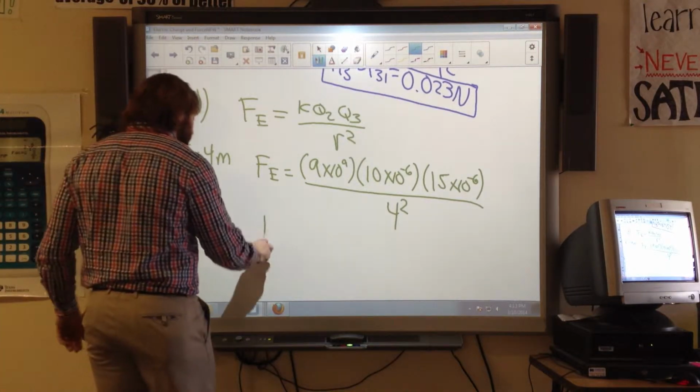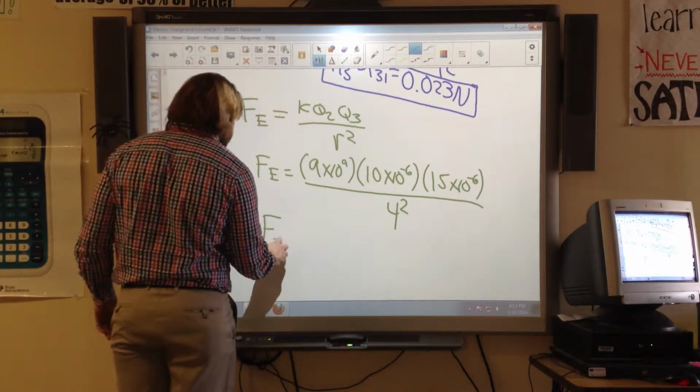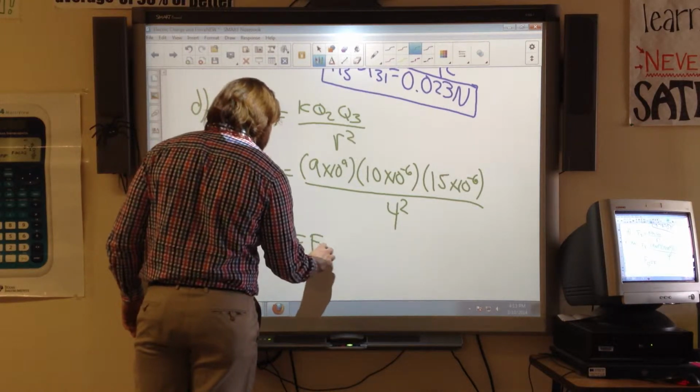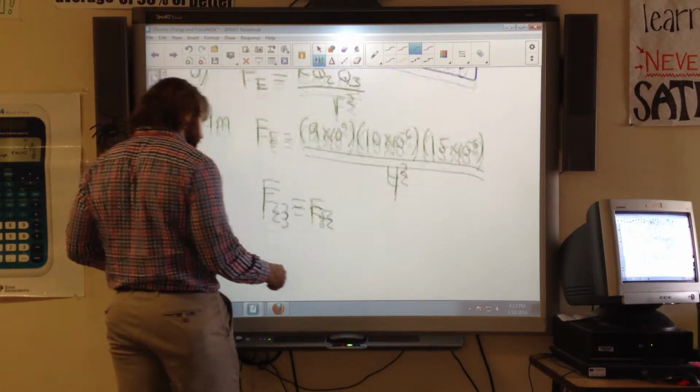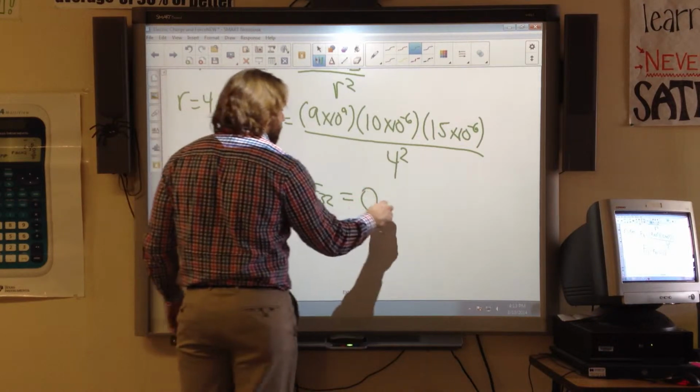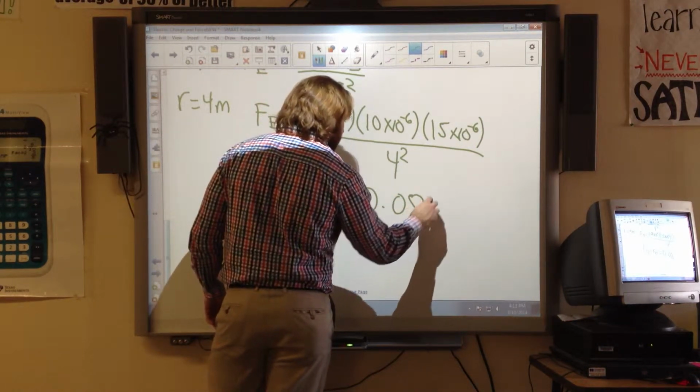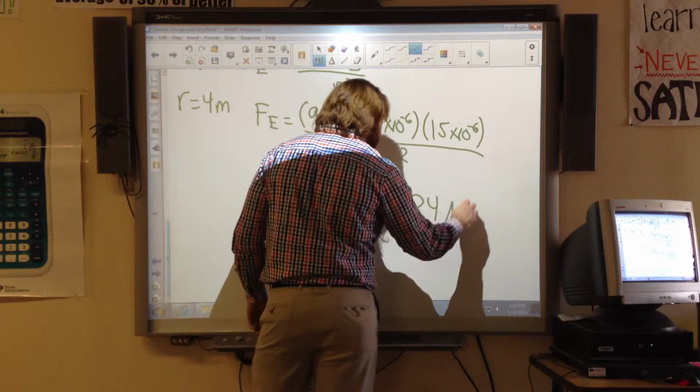Our answer for this one is F23 and F32 equals 0.084 rounded newtons.